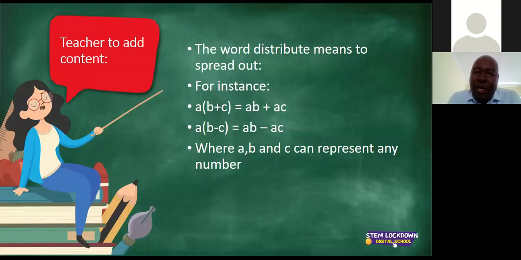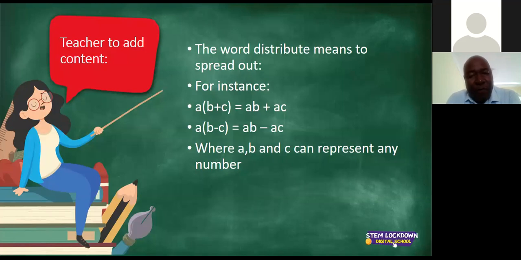Now, we have already spoken about the word algebra, which consists of variables or symbols, as well as numbers. So this A, B, and C can represent any number. That is what we mean by a variable. A variable can stand for any number. So as you can see, the principle today is just distribution, where you multiply out the brackets.